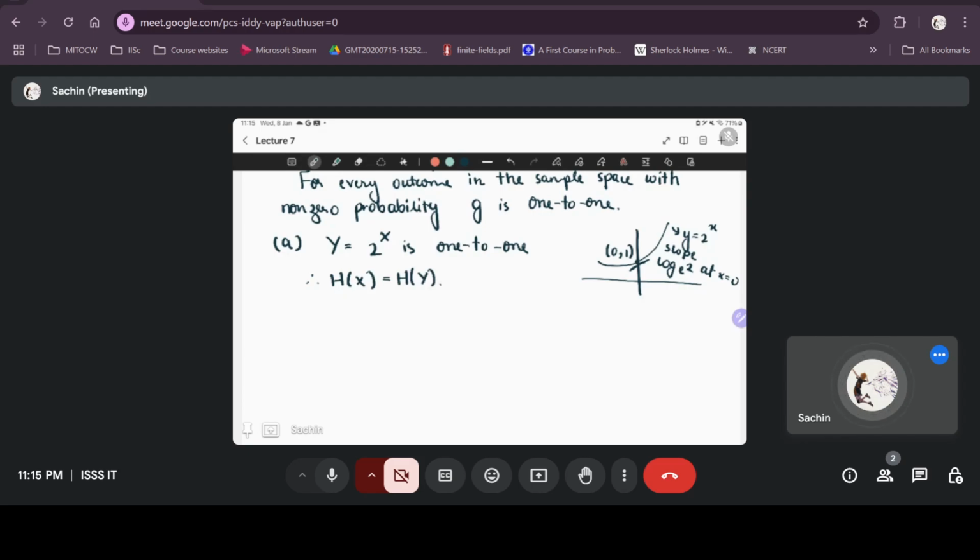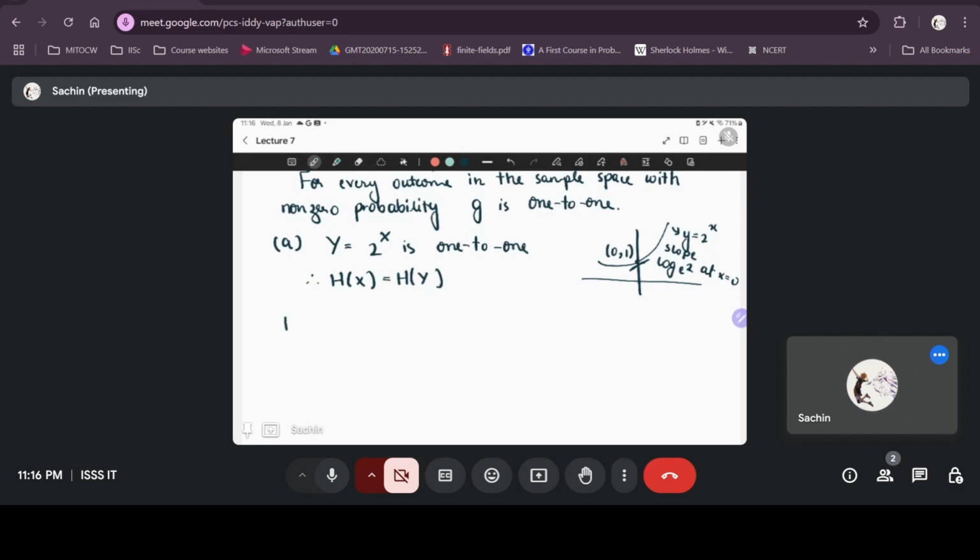Since it's a one-to-one function, if x takes the value x1 with probability p of x1, then y1, say it is equal to 2 power x1, has probability p of x1. So the probability distribution of y and x is the same, and since entropy is only a function of the probability distribution, they both have the same entropy.